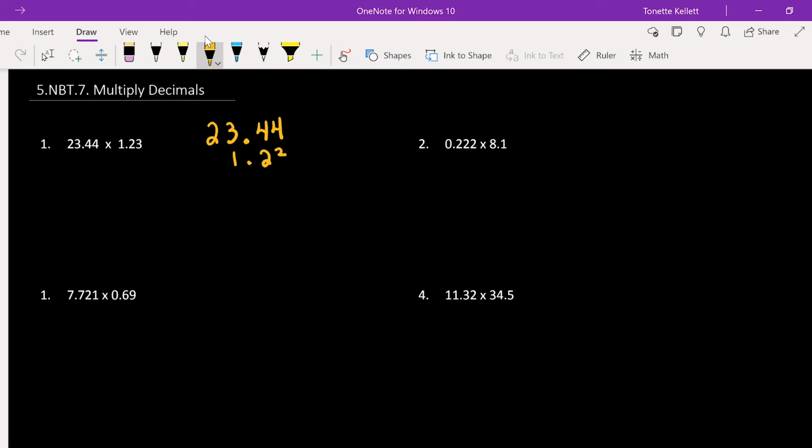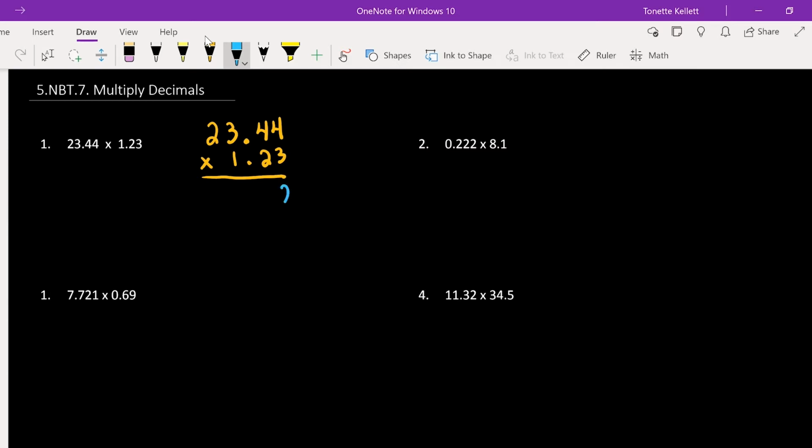In this first one they will line up because of the way you've got the same number of digits at the end, but you do not purposely line up decimals, okay? If they line up, fine, but you do not line them up in order to solve them. Then you just ignore the decimals until the end of the problem and you solve the problem. So that's what we're going to do right now.